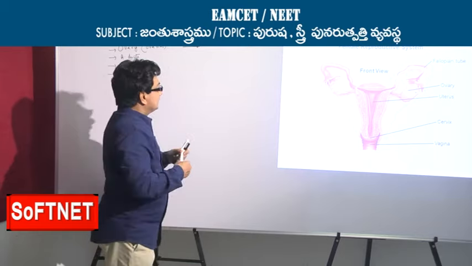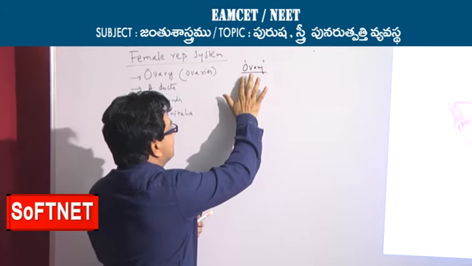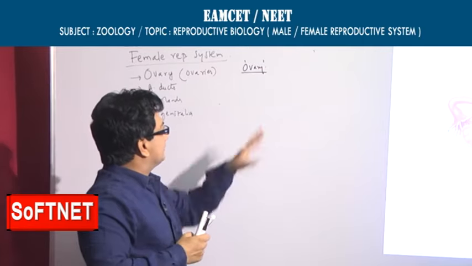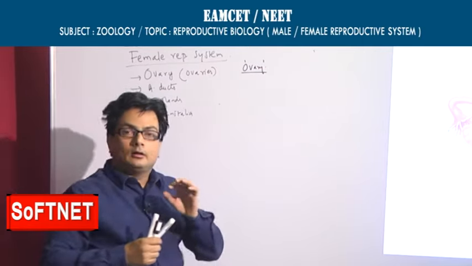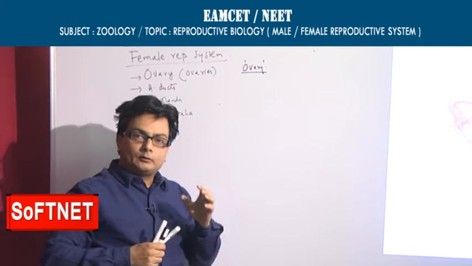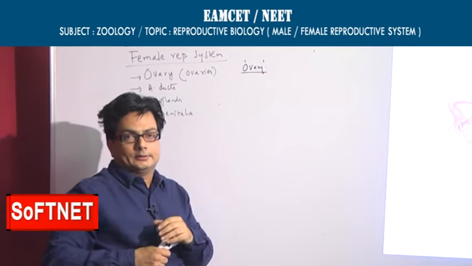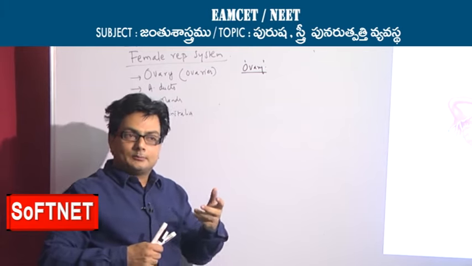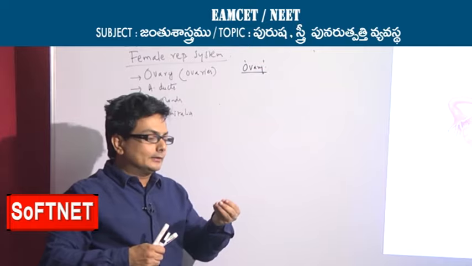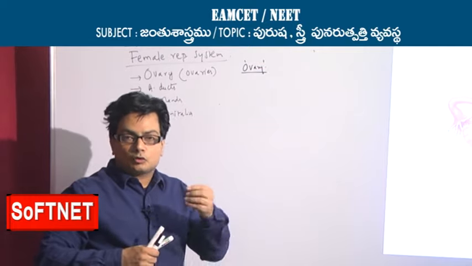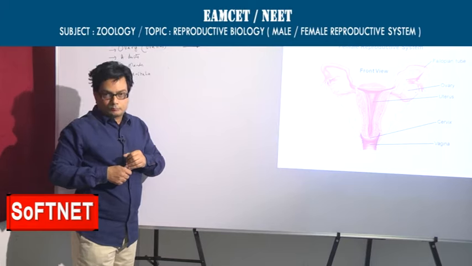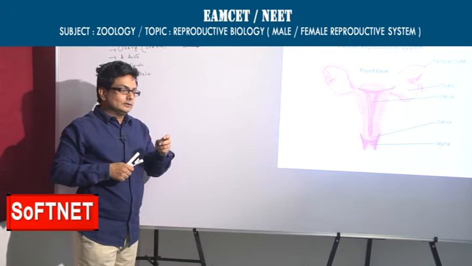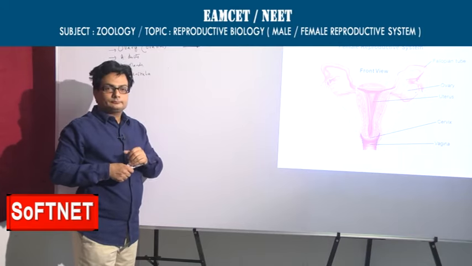The ovary is the primary sex organ in a female. What are the principal functions of an ovary? The ovary is responsible for making the gamete, the ovum, and the production of the female sex hormones called estrogen and progesterone.